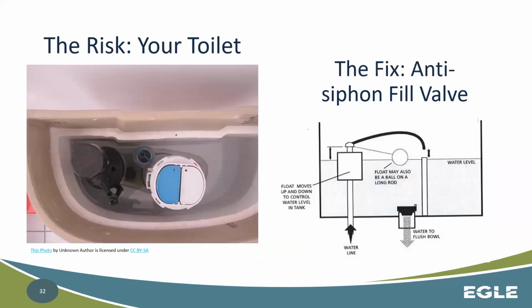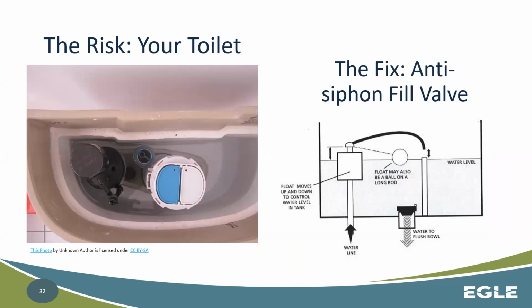Scott had also spent a little bit of time yesterday talking about toilets. We're not necessarily saying that you have to check every single toilet in your community, but it is one thing to keep in mind, particularly with older homes that might have older toilets in.